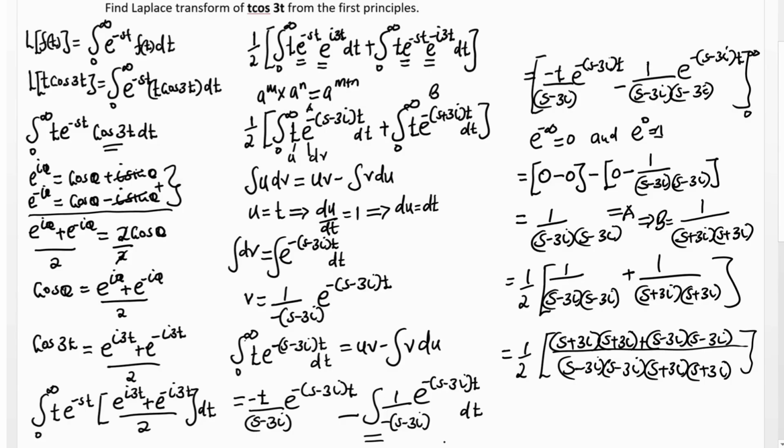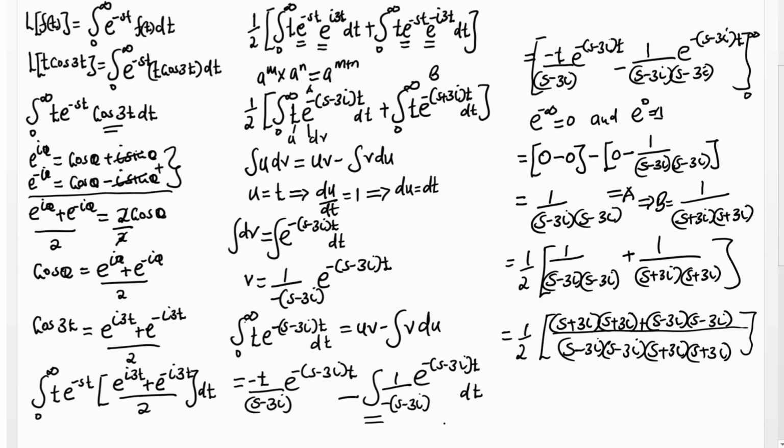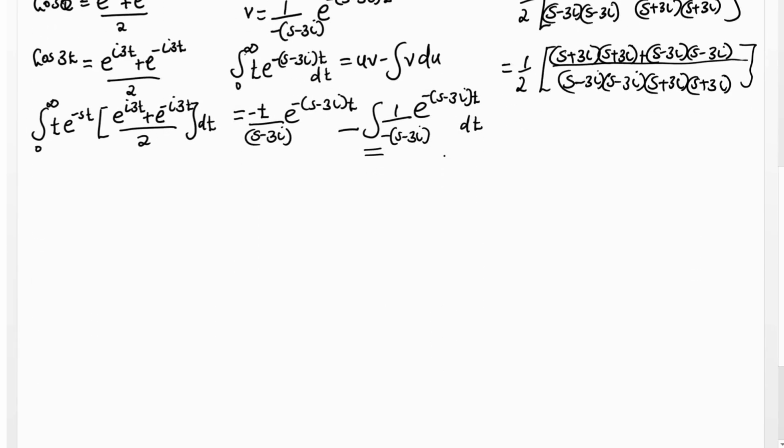Right. Let us create some space. Remember, from complex numbers, a plus jb into a minus jb equals a squared plus b squared. That is multiplying a complex number with its conjugate.